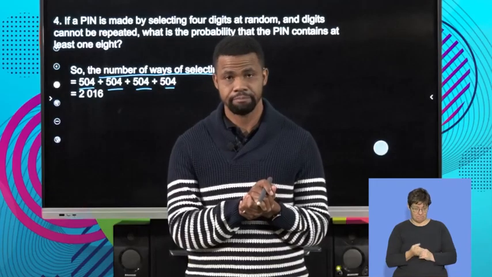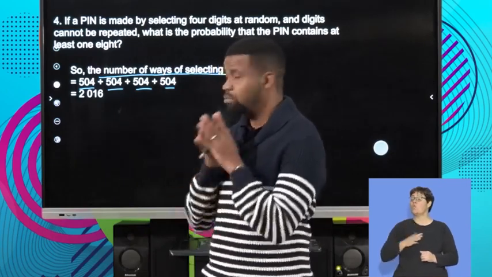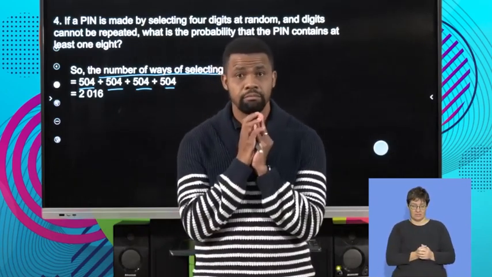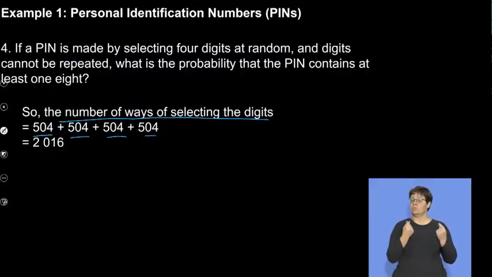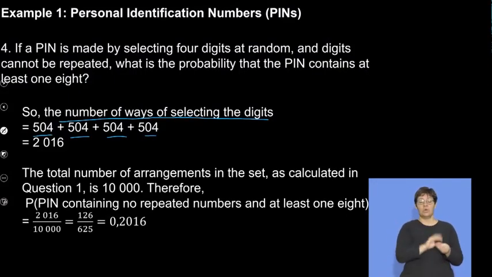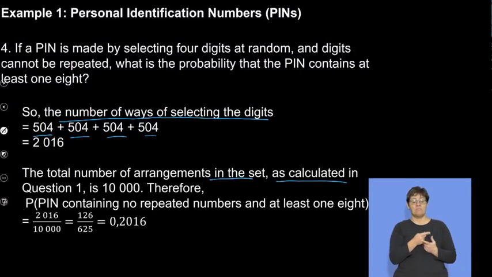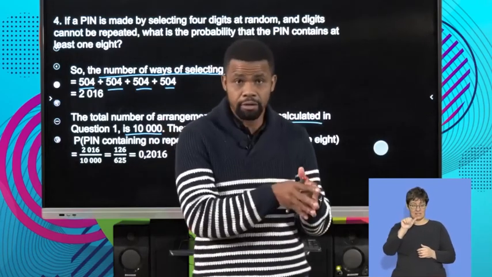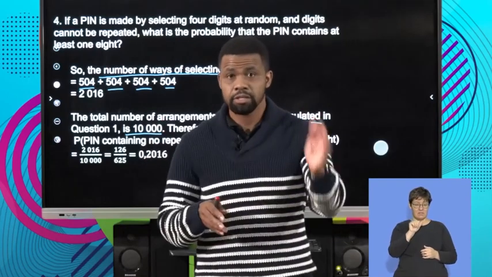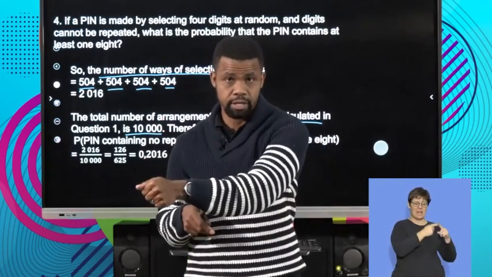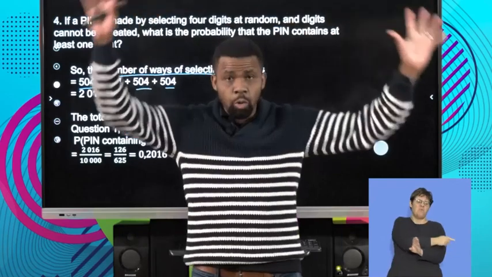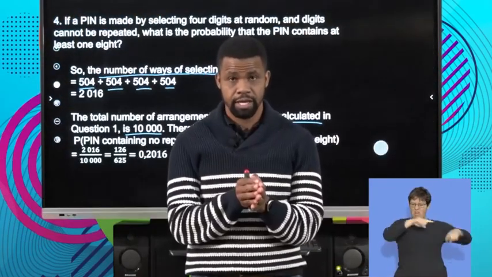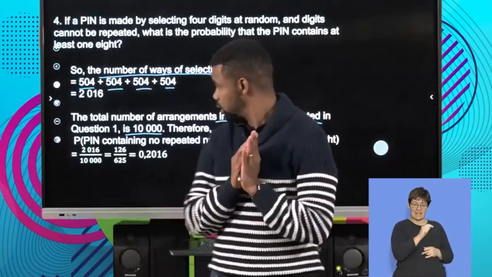But the question was asking about the probability. And how do we do that? The total number of arrangements in the set, as calculated in question 1, was 10,000, for a 4-digit pin where repetition is allowed. Agreed? Which was 10 times 10 times 10 times 10. That was the total sample space we had from question 1.